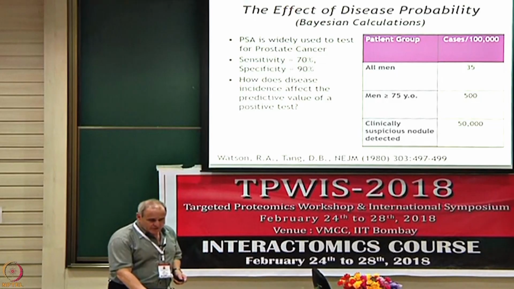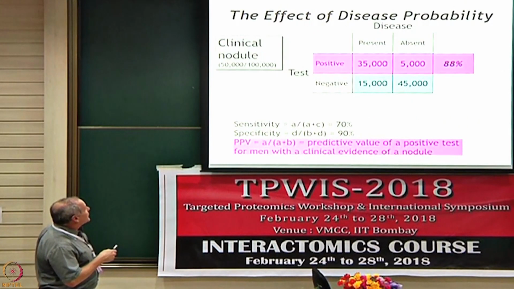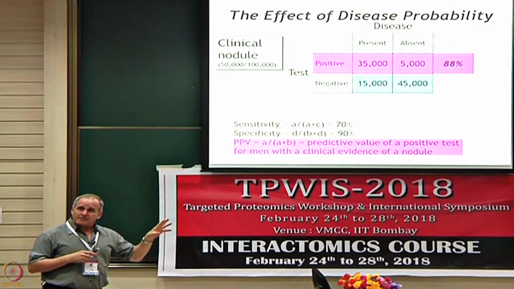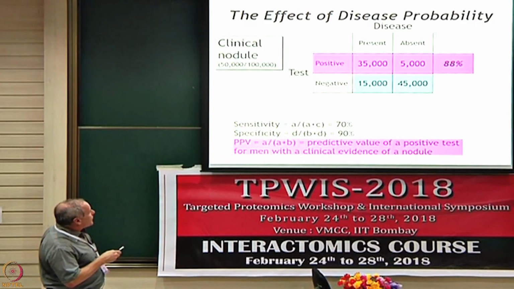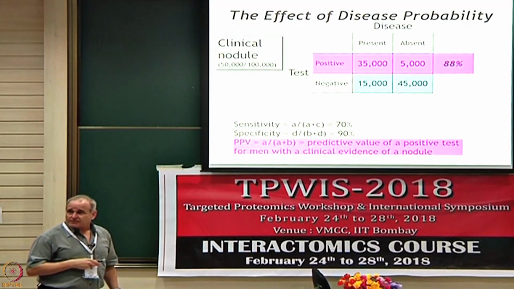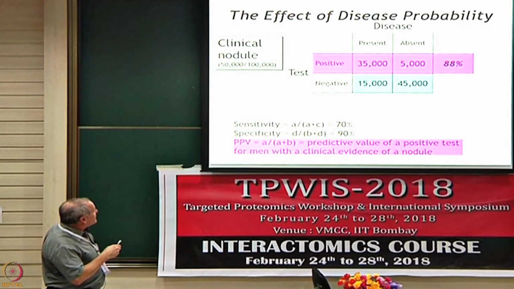Okay, so let's look at the first case. In this case, we're looking at the clinical nodule, a 50% likelihood to start that this person has cancer, right? So notice that this number here and that number there add up to 50,000, right? Remember I said that out of 100,000 men, 50,000 had it?